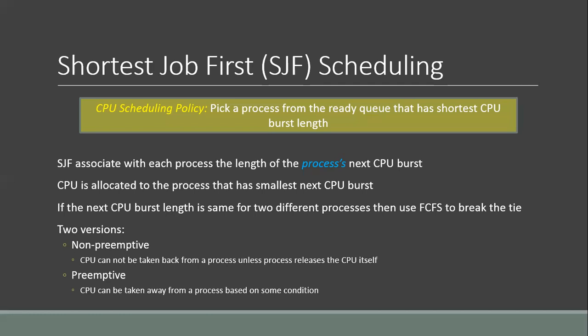For example, in SJF algorithm, the condition might be that the new process that has arrived in the system has shortest burst length as compared to the running process. So based on this condition, we might take the CPU back from the process.